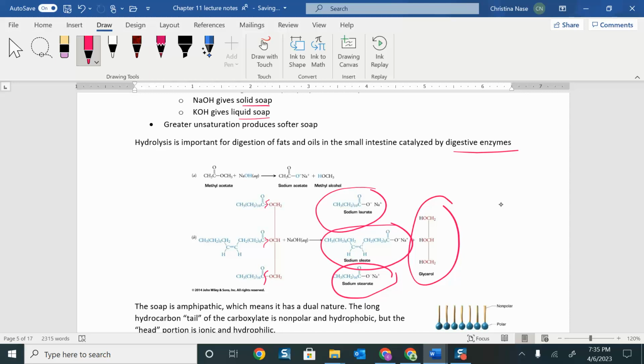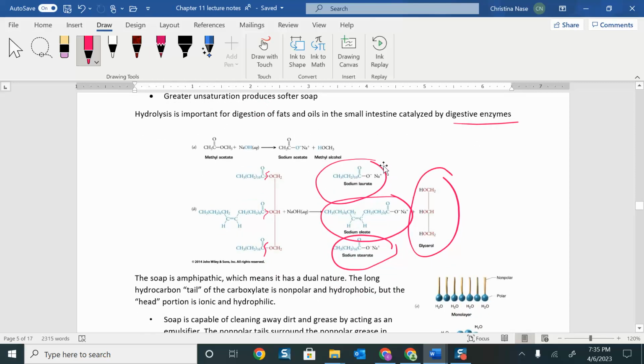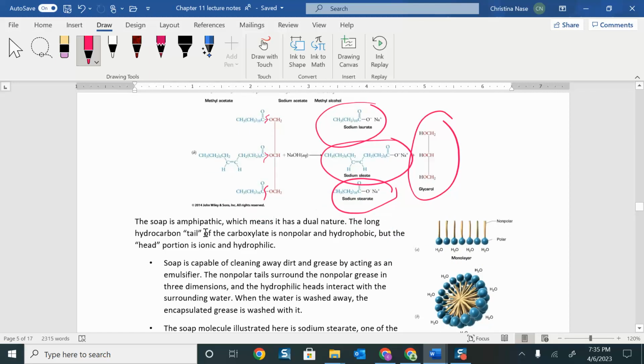Again, this is because you're under basic conditions. The carboxylic acid can't exist under basic conditions. The conjugate base of that is going to dominate. So you'll get the conjugate base of these. These are going to be pretty soluble because now they're ionic. Remember, the whole point of reacting these with the base is to make it ionic instead of the carboxylic acid. The ionic form is going to be more soluble.